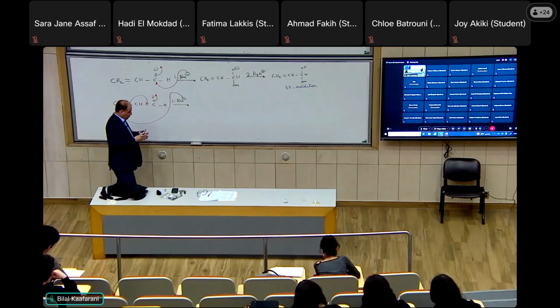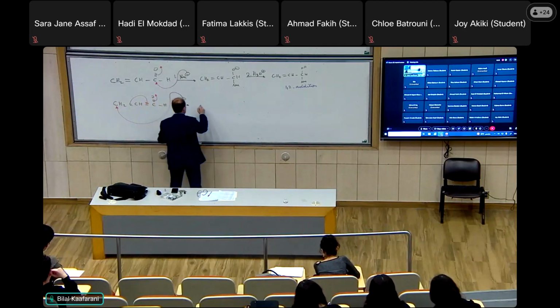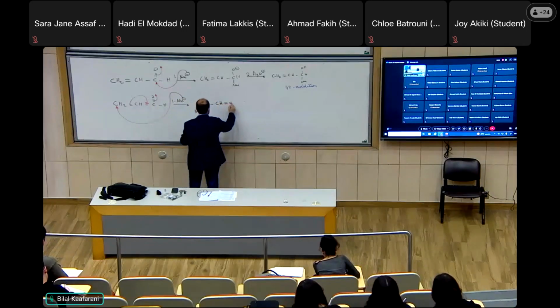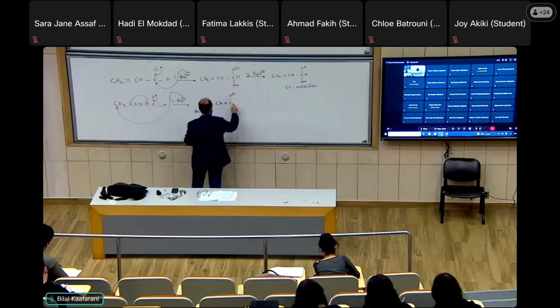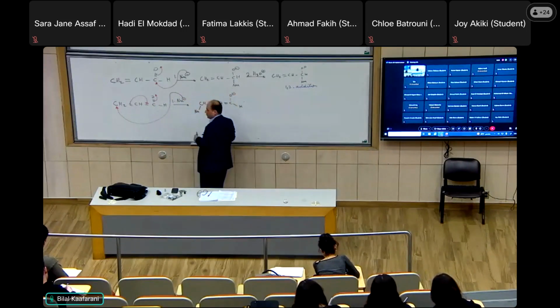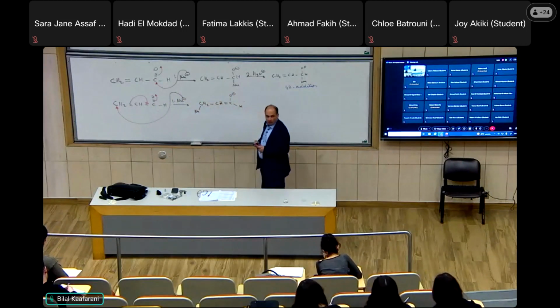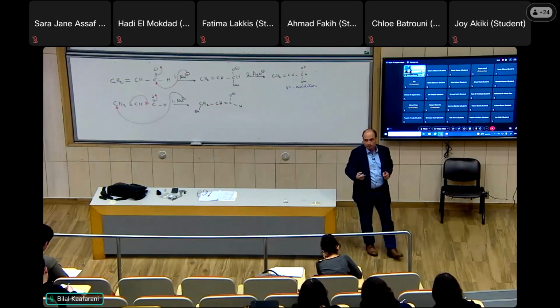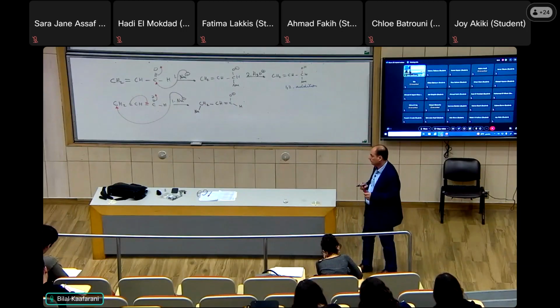So what will be my product, or intermediate in this case? Here is my nucleophile. I have CH right here, double bond C, O minus, hydrogen. So my nucleophile now attacks the beta carbon, not the carbon of the carbonyl.